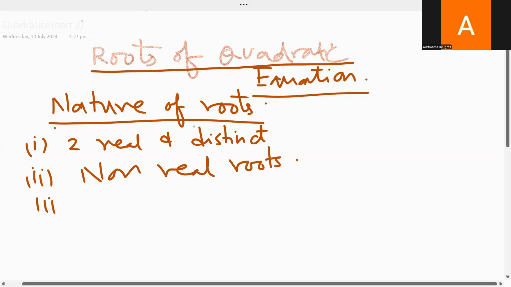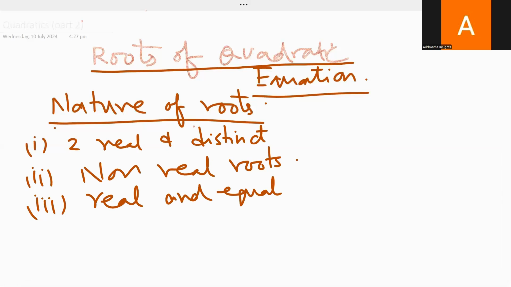And thirdly, roots may be real and equal. So these three things describe the nature of the roots of a given equation. Without solving a quadratic equation, you can find the nature of roots. So I give you examples of how you can find the nature of roots without solving it.